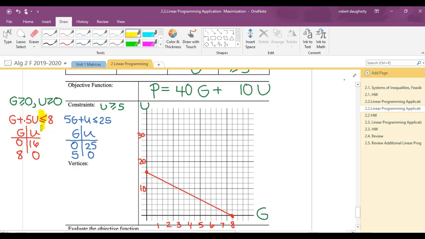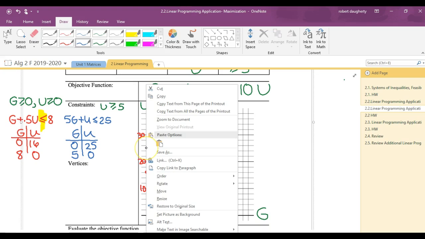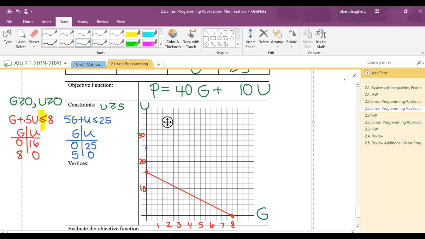Okay, now let's look at the blue line, 0, 25. So 0, 25, and 5, 0, which is right here.